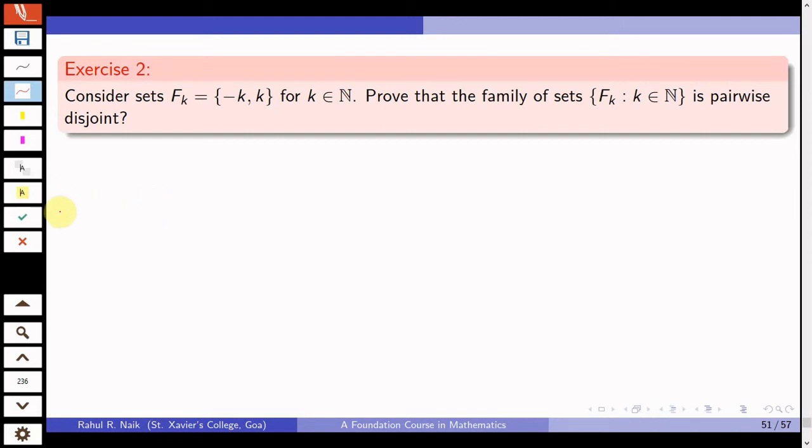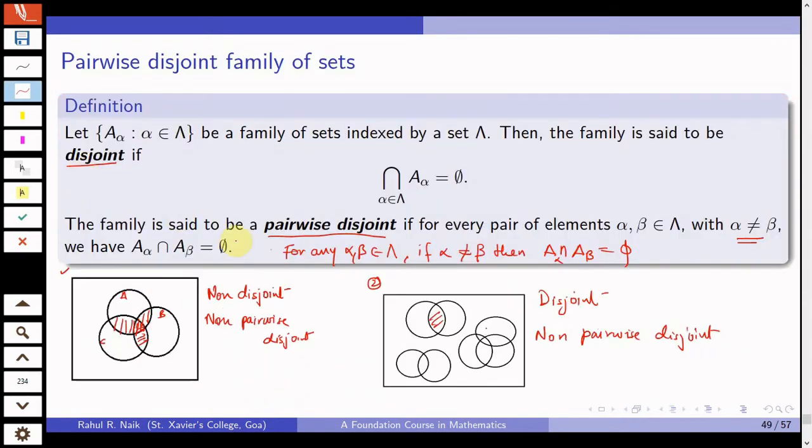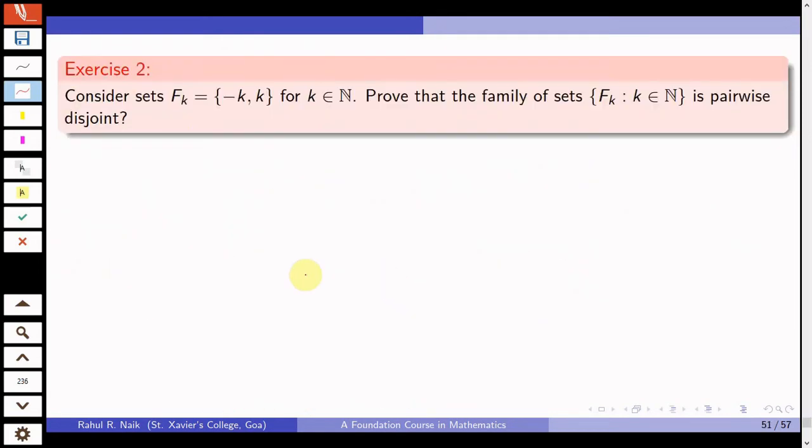The contrapositive I have stated over here. Whenever A alpha intersection A beta is non-empty, then you should be able to prove that alpha is equal to beta if the given set is pairwise disjoint. So I want to show that this is pairwise disjoint.